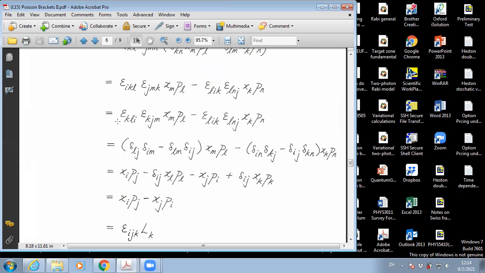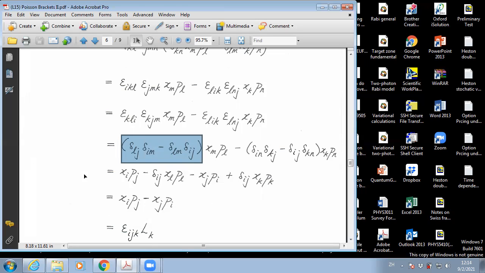Then we apply the identity that you are familiar with: the product of 2 totally anti-symmetric symbols with the Einstein summation convention over k. This product will give you this result. It is equal to this. Okay, we have this identity. We apply this identity to both terms.